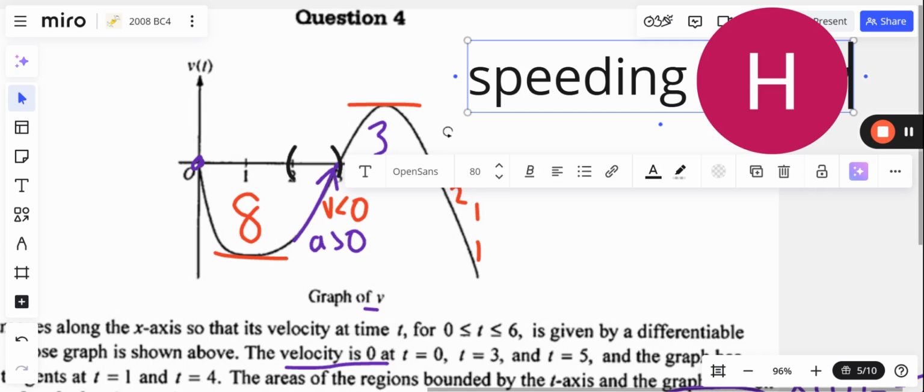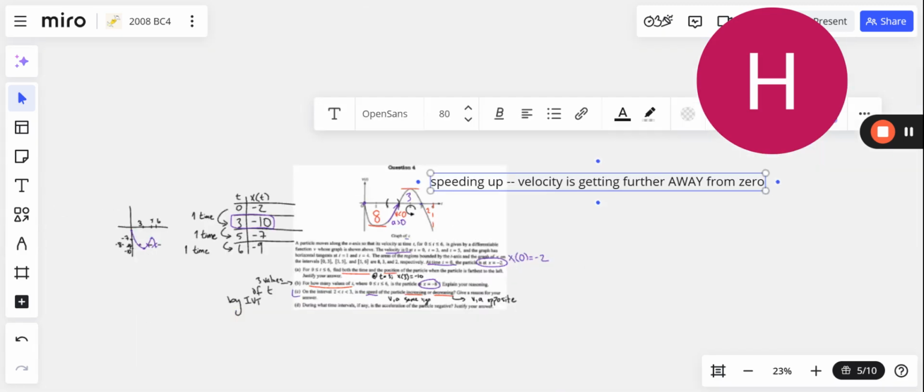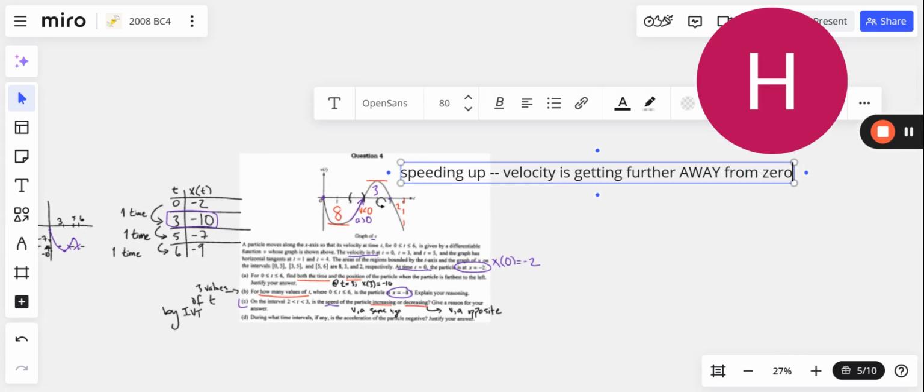If I'm going fast in a positive sense, and my acceleration is slowing me down, then I'll be getting closer to 0. And if my velocity is going further away from 0, meaning if it's positive and it's continuing to go more positive, or if it's negative and continuing to go more negative, that would be speeding up. Whereas slowing down, in other words, the speed is decreasing. That's the same thing as slowing down. That would mean the velocity is getting closer to 0.